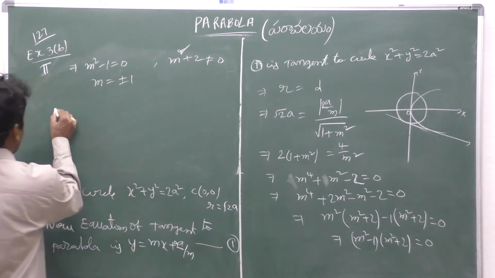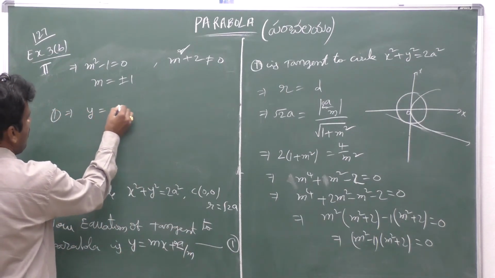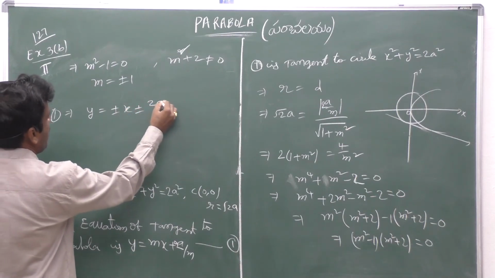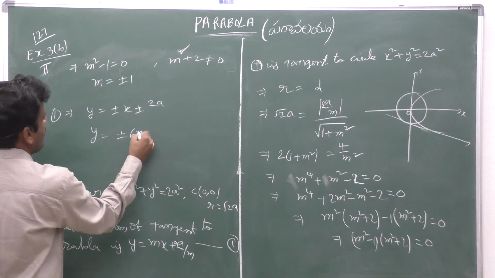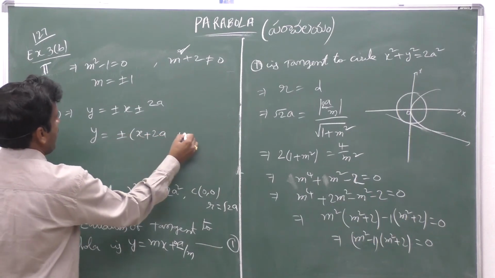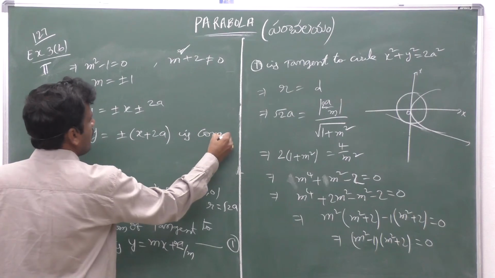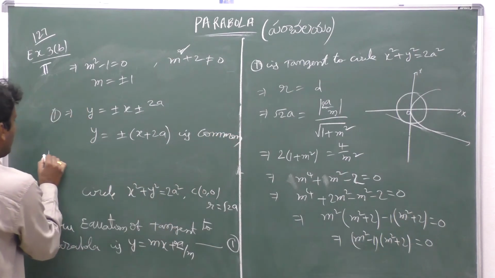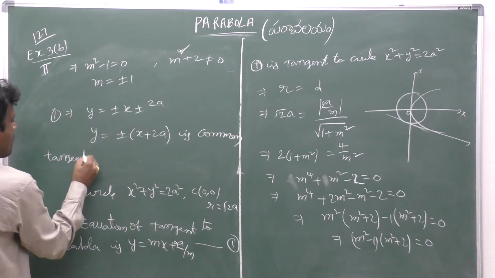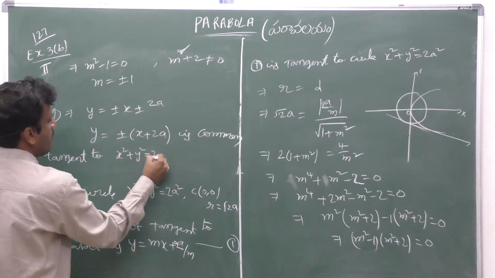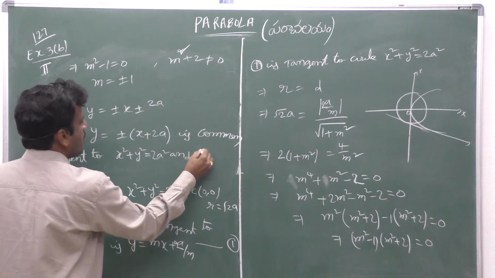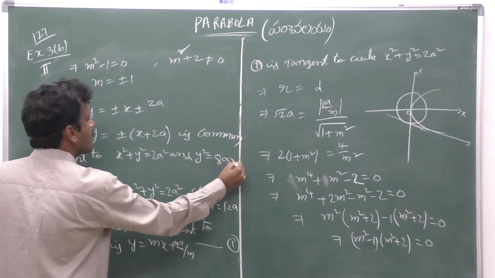Therefore, equation 1 converts to y equal to plus or minus x plus or minus 2a by 1, that is y equal to plus or minus x plus 2a is a common tangent to x square plus y square equal to 2a square and y square equal to 8ax.